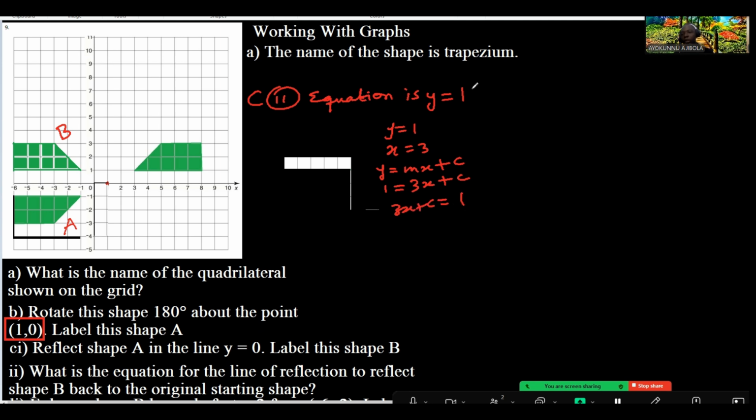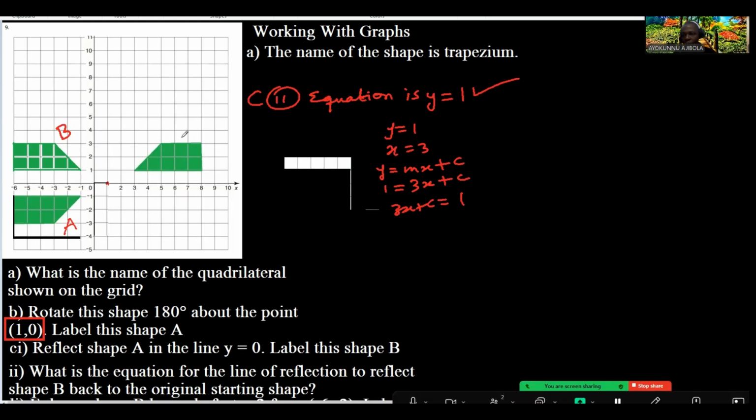But literally, it's on the line y equal to 1. Yeah, because that's the line that links it back to where it started from. And if you count it, this is 1, 2, and there are 1, 2. So this was a line of reflection in the first place.